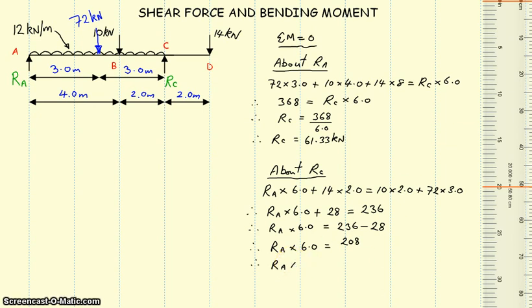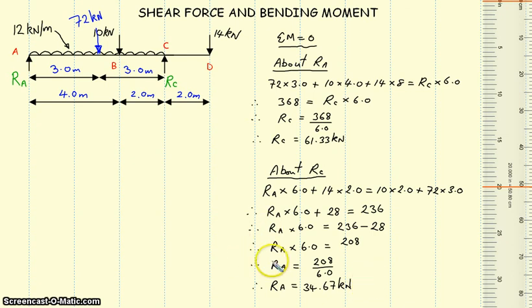So that reaction A will equal 208 divided by 6, and reaction A equals 34.67 kilonewtons.